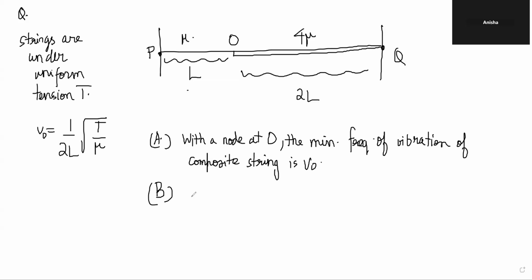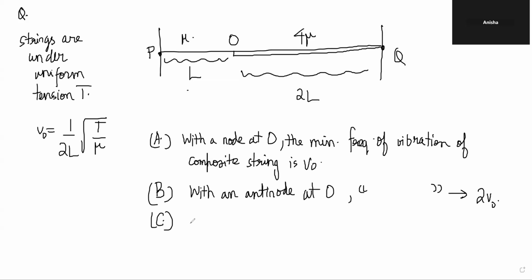B: with an antinode at O, the minimum frequency of vibration of the composite string is 2 V naught.